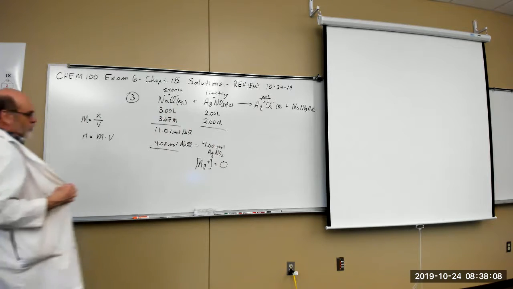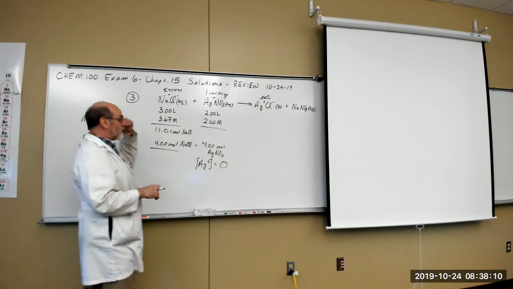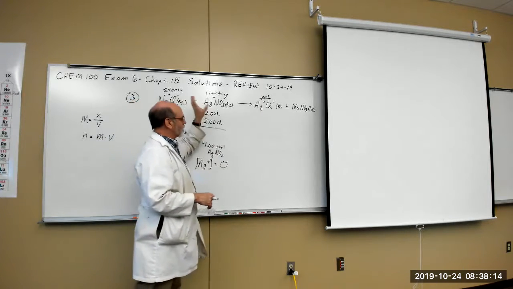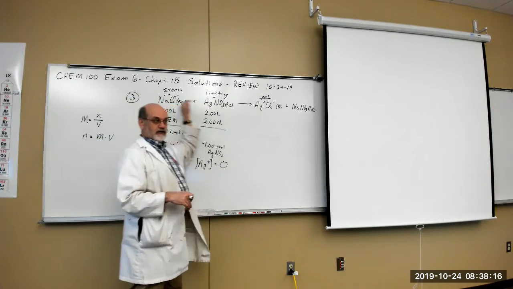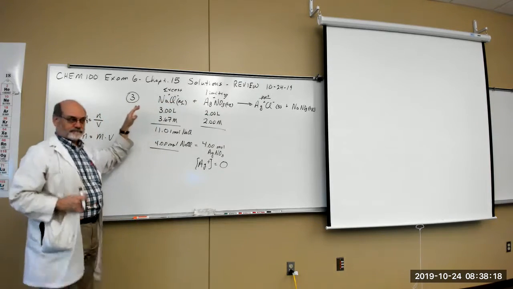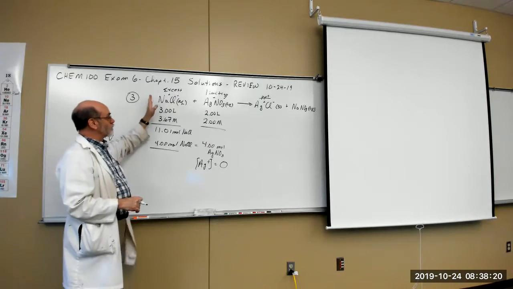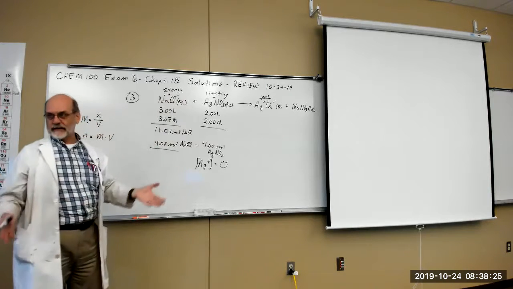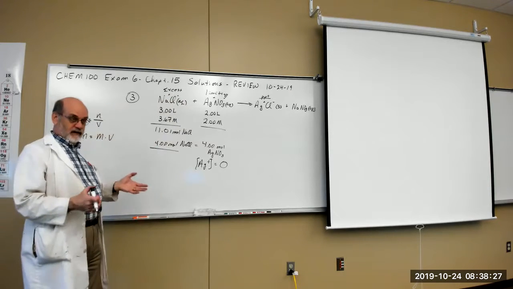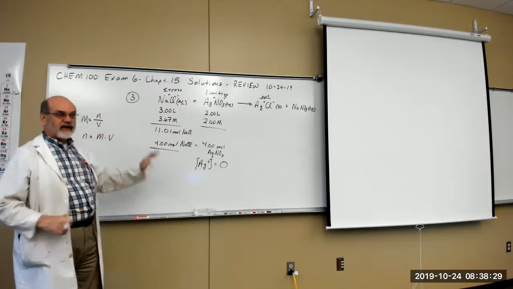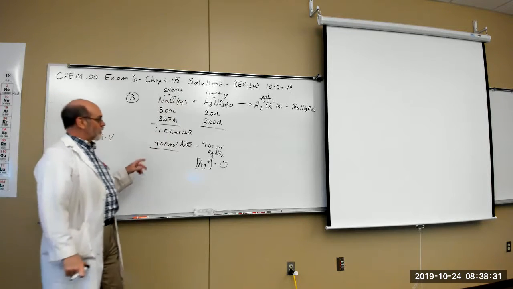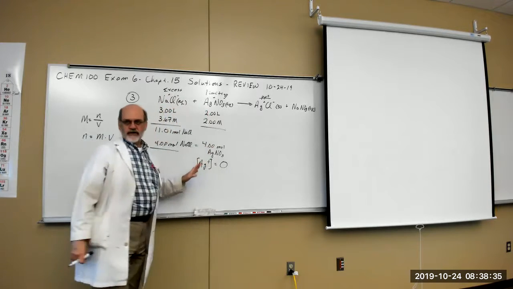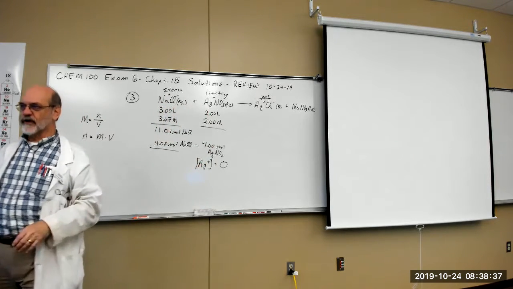So the moral of that story is, first, you need to recognize that this is reacted with that, producing that, so you can get your balanced equation. Then you find out how many moles of each one, and find out which one's limiting. Right? So the limiting one runs out completely. And once you know that this one runs out completely, that tells you that there's no silver left, and the concentration has to be 0.